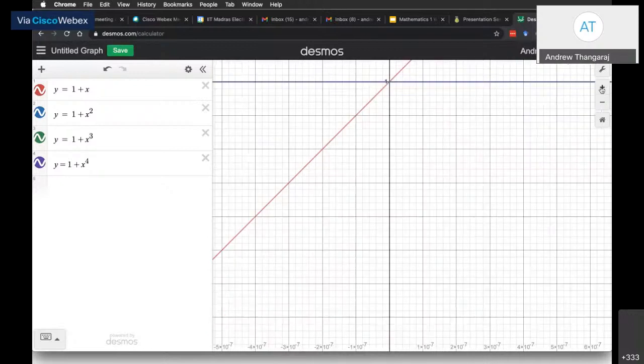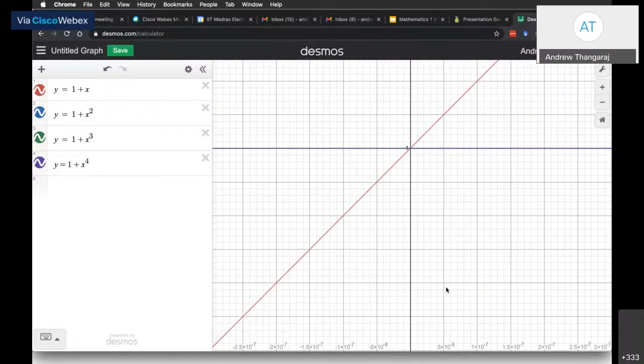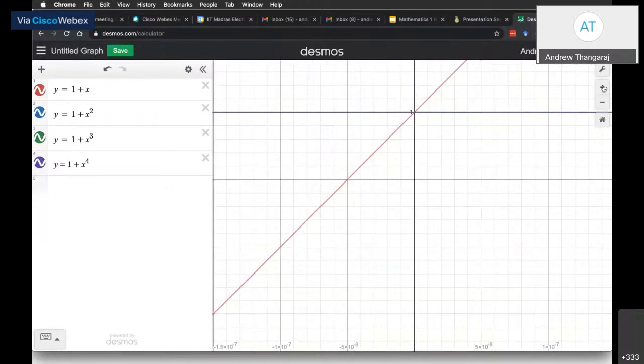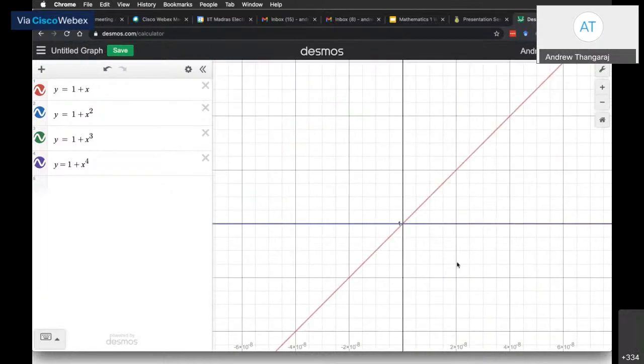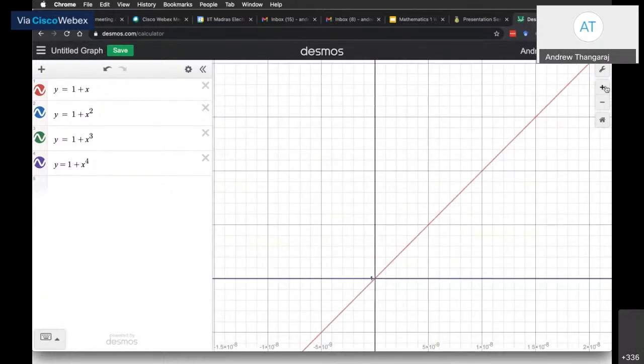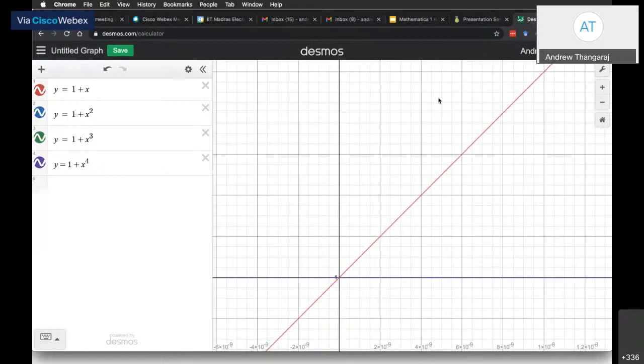One doesn't even see it, right? I don't know. Maybe the response is just not going to work. It's gone to 10 power minus 9, and I guess it's not going to zoom anymore, so it's given up on me.